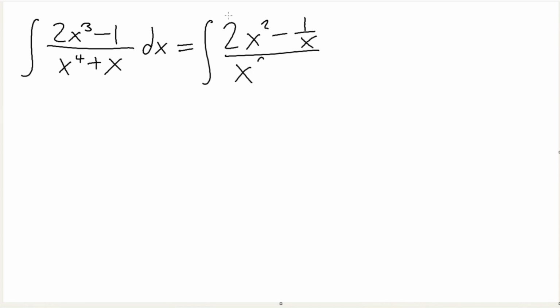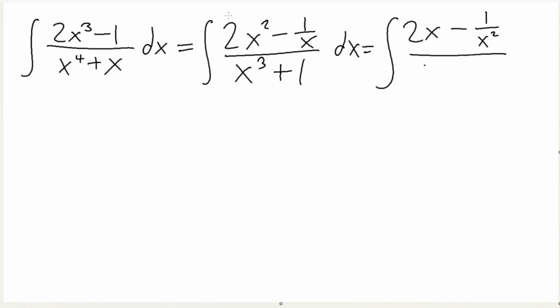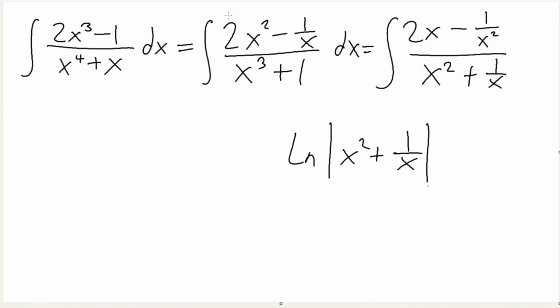This looks so wrong, but just bear with me. Okay, divide x again. Divide x again. What do you notice? That this is just ln of x squared plus 1 over x.